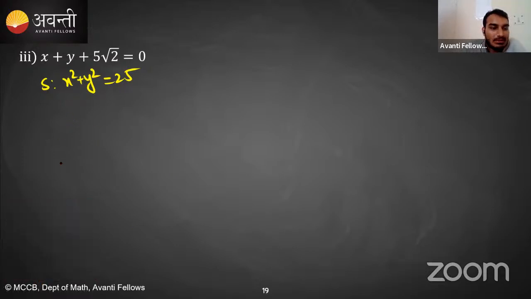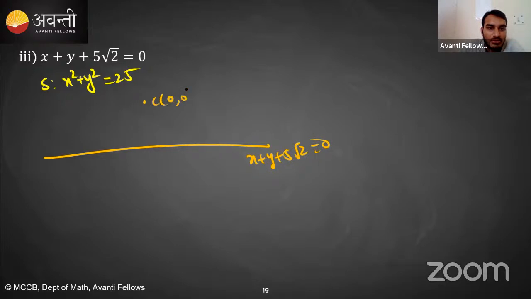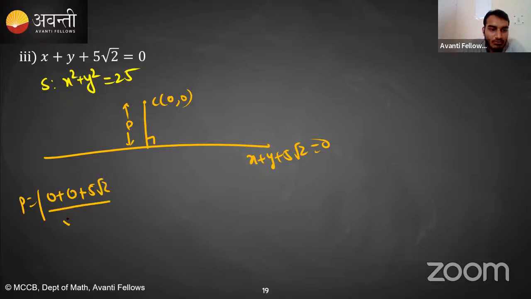The line is again x plus y plus 5 root 2 is equal to 0. And let's say this is some center C, 0, 0. Again, what is this distance? This distance P is nothing but 0 plus 5 root 2 upon root 2, which is 5.